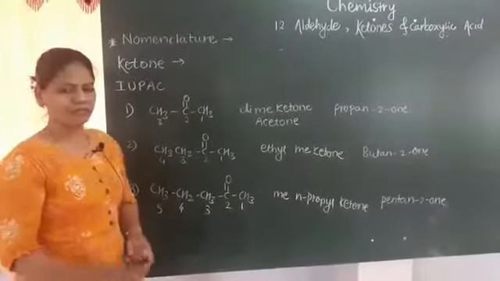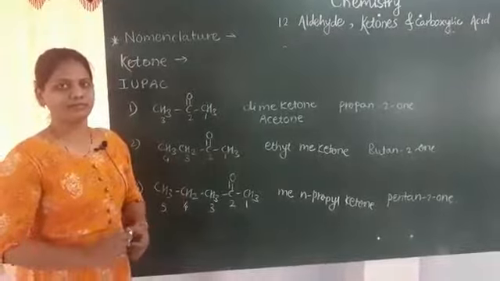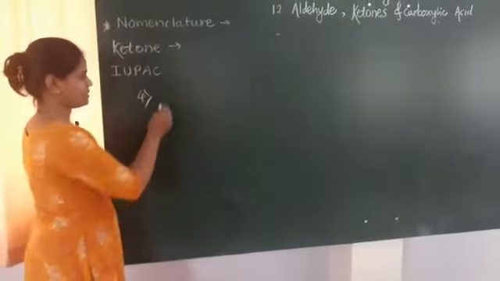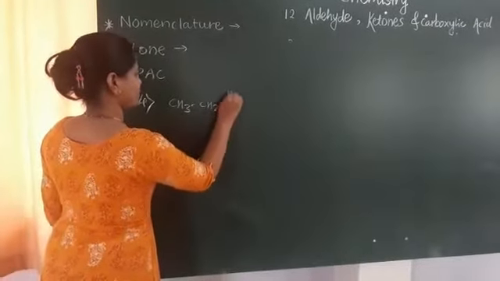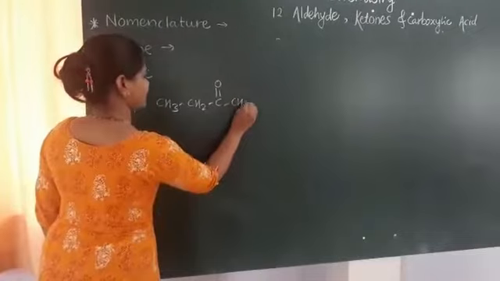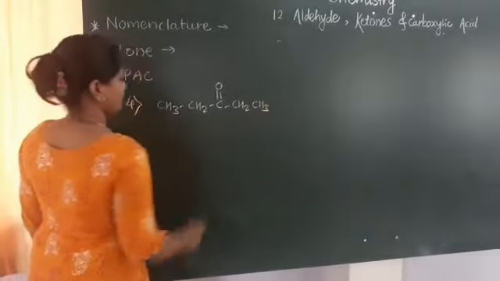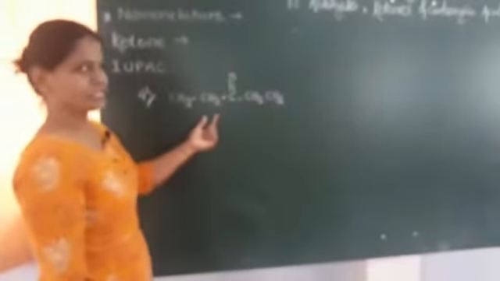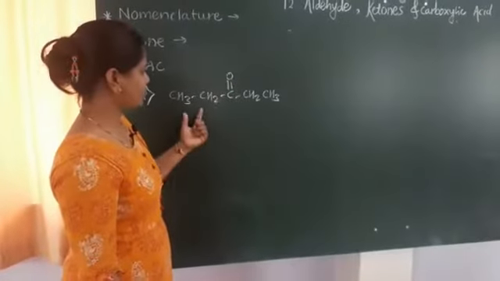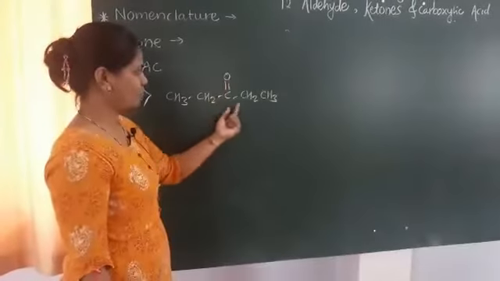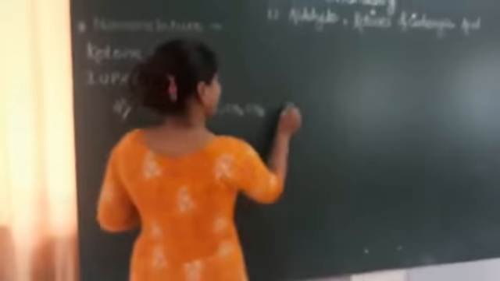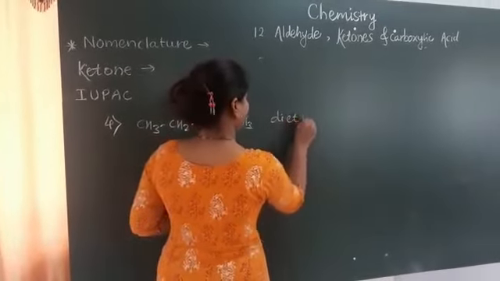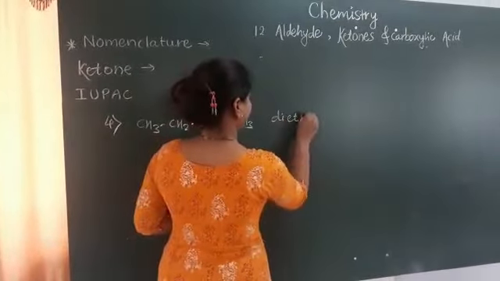Let us move forward. The fourth example is CH3 CH2 C double bond O CH2 CH3. Now this is the example of a simple or symmetrical ketone, because on either side of the carbonyl group the 2 alkyl groups are the same. Then the common name is diethyl ketone.